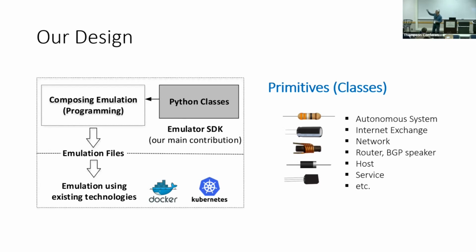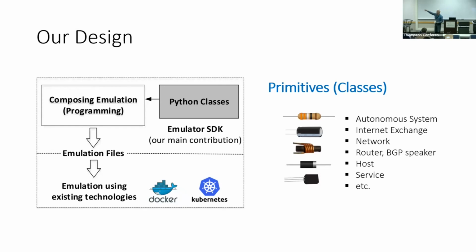Now the user will just use the library to build their own internet, whatever topology they want. Then we write a compiler for Docker, and we compile everything into the Docker file. Then you hand it over to Docker and let Docker run it using the Docker Compose file from the previous talk. So that has become very easy.